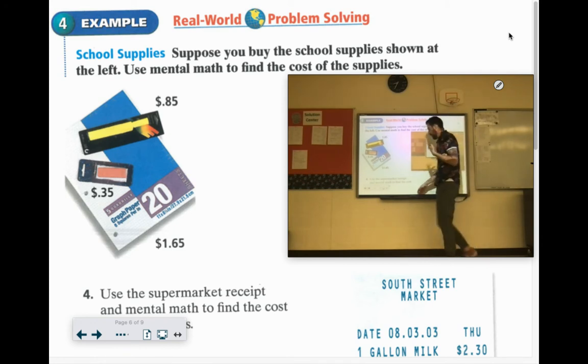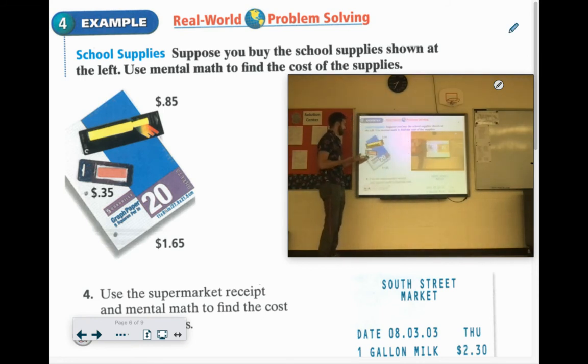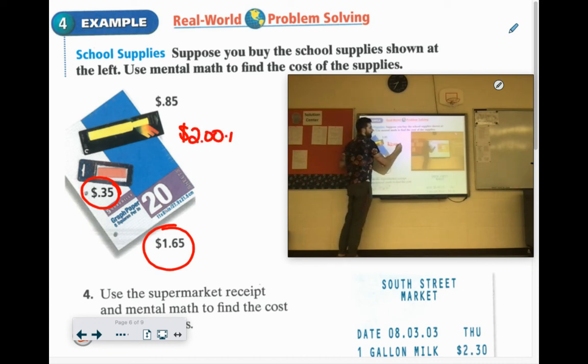But let's see if we can find a pair that works. 85 cents, 35 cents, yeah, sure. 35, 165, yeah. If you add 35 cents to $1.65, that comes out to exactly $2. And then it becomes $2 plus 85 cents, which would be $2.85.